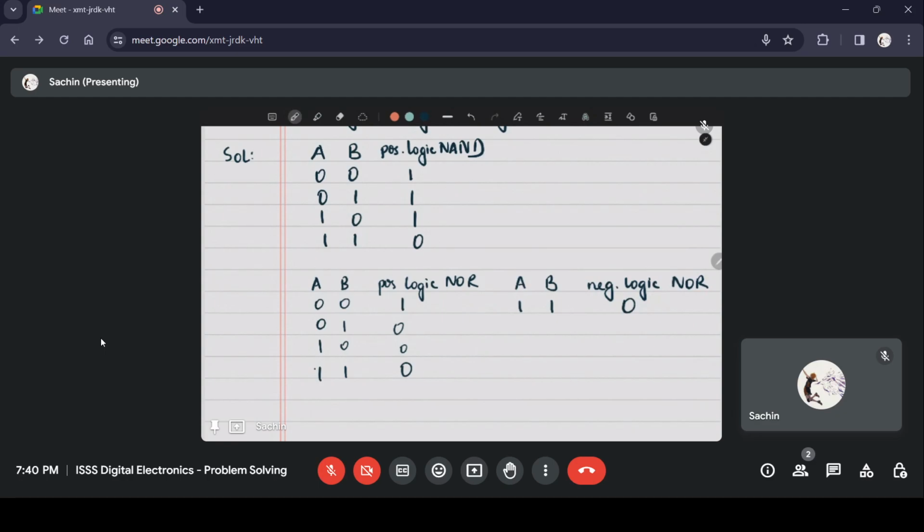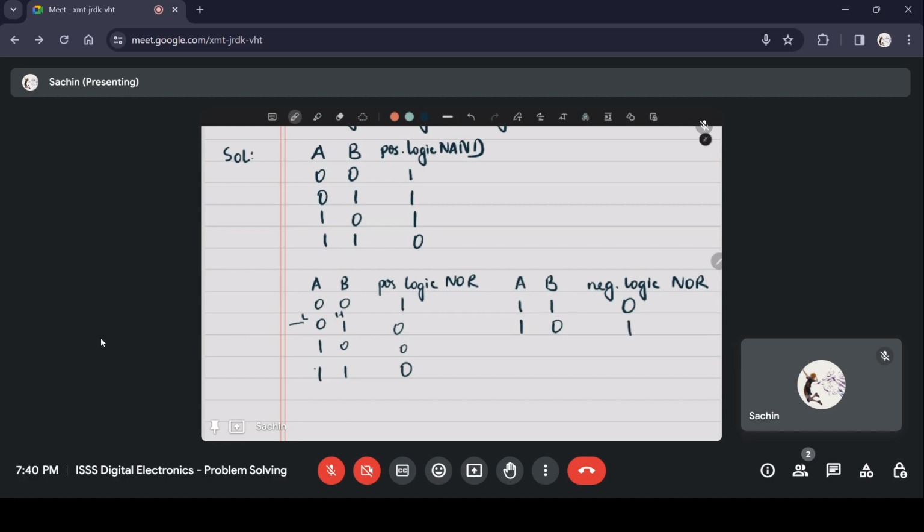Okay, now in negative logic, if you want to give low and high, in positive logic, this will be low high. In negative logic, you give 1 and 0. So 1 is low and 0 is high, and you would get a high output in negative logic.